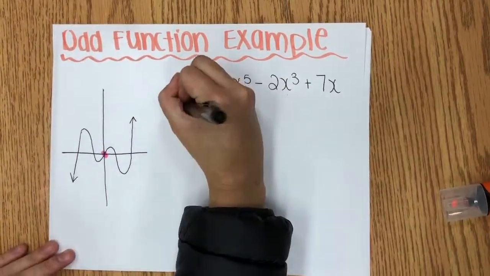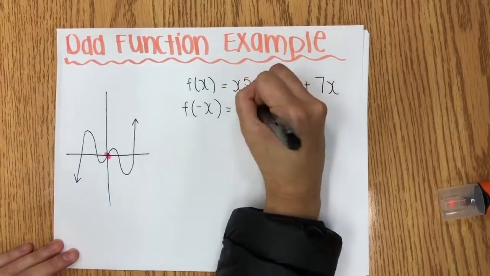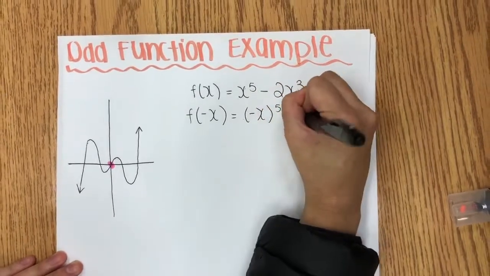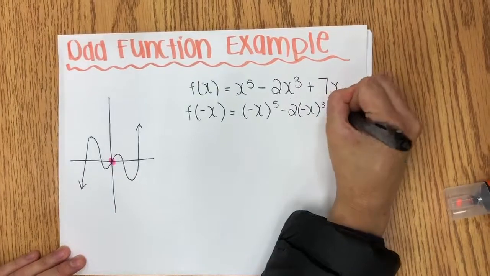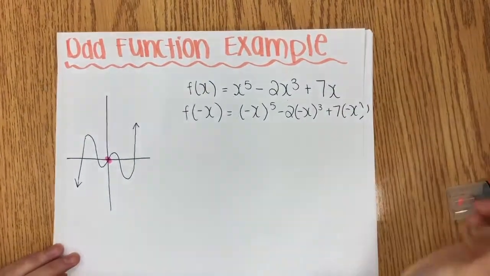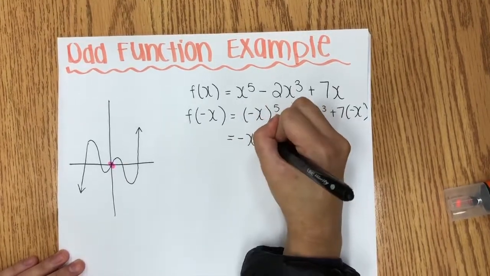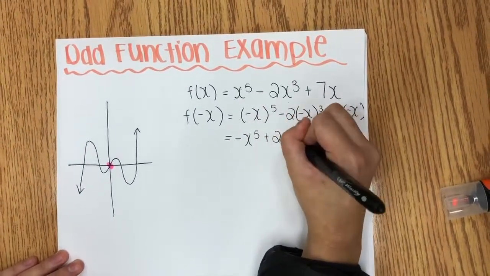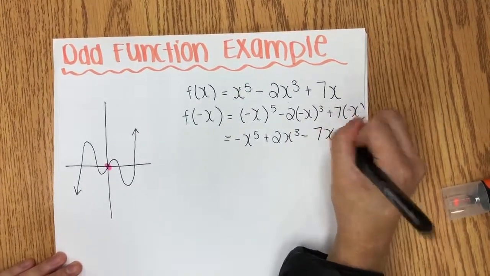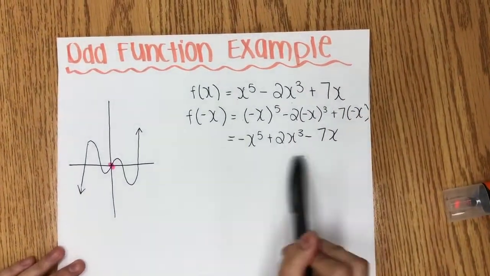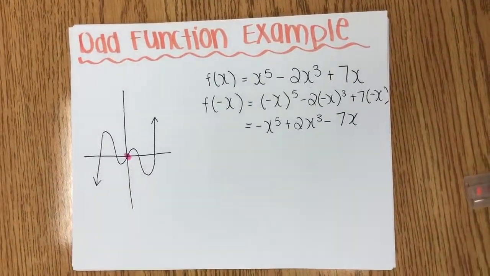Also, if we plug in a negative value for x, we get (-x)^5 - 2(-x)^3 + 7(-x). This simplifies to -x^5 + 2x^3 - 7x. You can see that these are the opposite signs from the original equation, so that's how we can tell that it's an odd function algebraically.